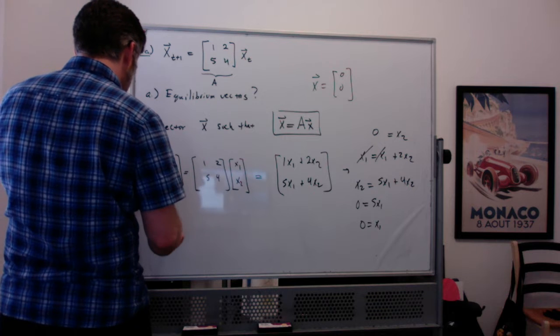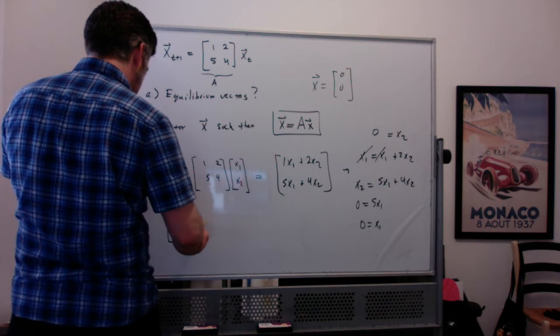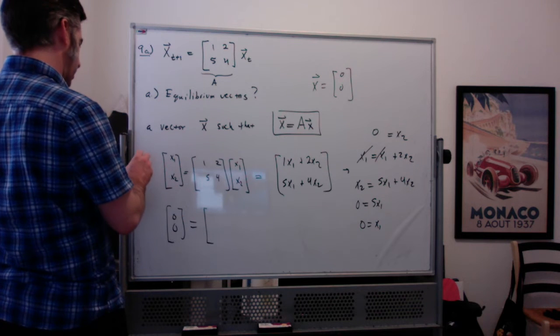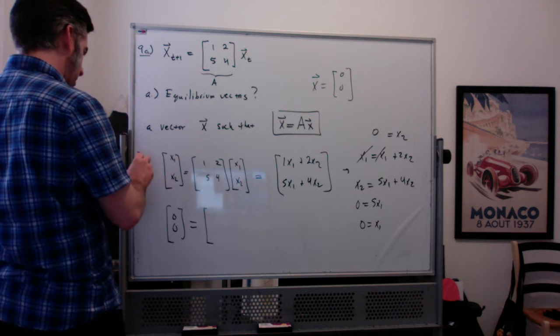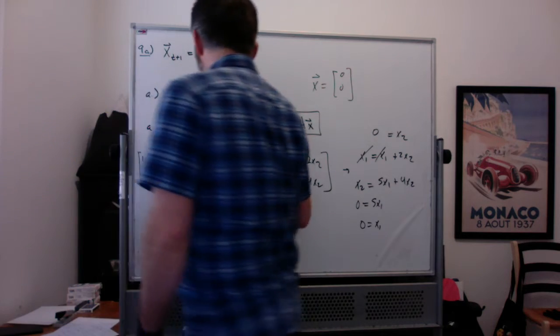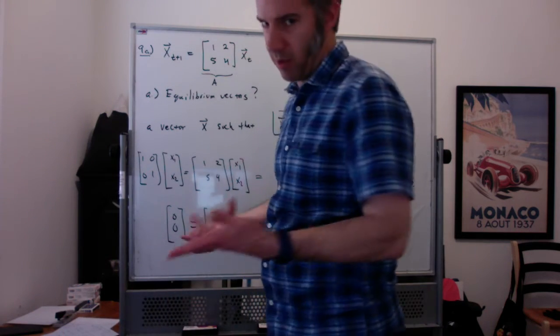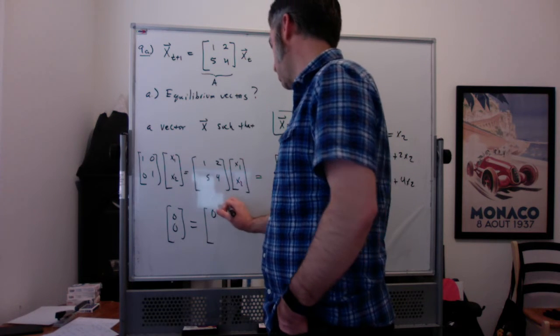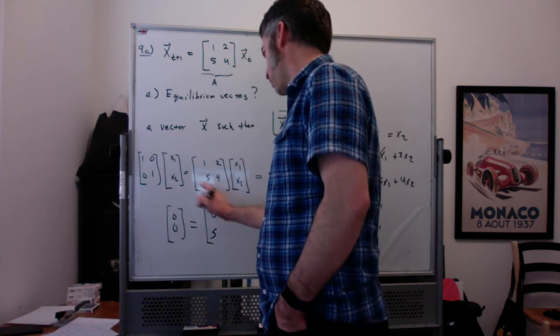Another way you can think of this is if you were to subtract this over and say you want to solve 0, 0 is equal to this minus the identity matrix times x1, x2. Then if you do this one minus that one, 1 minus 1 is 0, 2 minus 0, 5 minus 0, 4 minus 1.